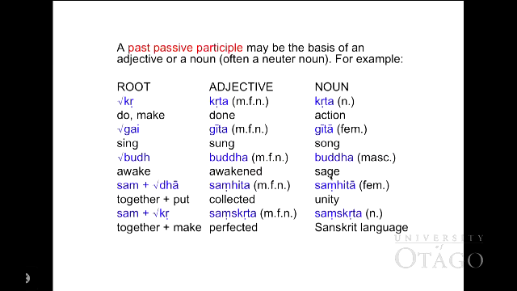Buddha, sage, or the enlightened one in Buddhism. Sam plus dhā, sam together, dhā put. Saṁhita, corrected. Saṁhita, unity. This is saṁhita, corrected, and saṁhitā, unity. Saṁ plus kṛ, together, make or do. Saṁskṛta, perfected, as an adjective, and Saṁskṛta as a noun, the Sanskrit language.